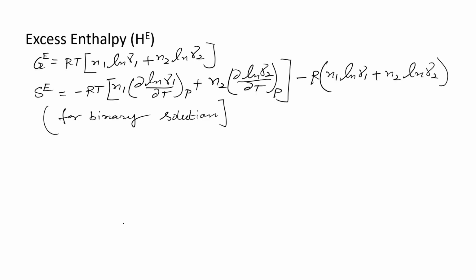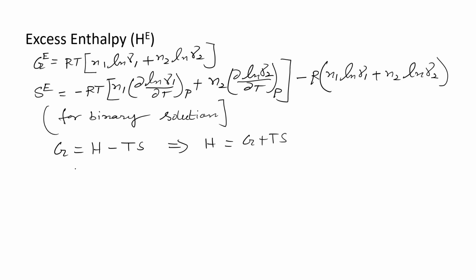Now coming to the excess enthalpy. Already I have written the excess free energy function expression and the excess entropy expression for the binary solution. Now we know that G is equal to H minus TS. So we can write that H is equal to G plus TS.